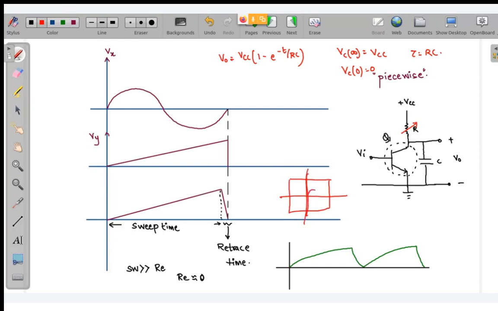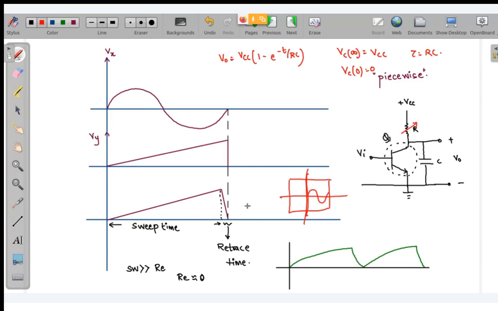You manipulate the sweep time to get the signal. You take the signal from this origin to this point, and you manipulate the sweep time so that you can easily analyze this signal. So you are manipulating this resistance in your sweep time so that you can adjust this time base.